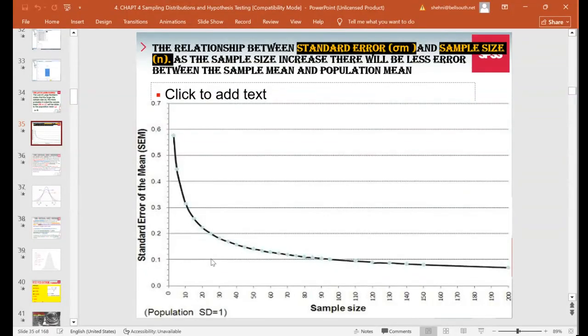We said that standard error should be low in your research. So as you can see, the larger your sample size, the lower your standard error. If you move to the left, if your sample consists of 10 participants, your standard error is high, compared to 200, which is coming down low.